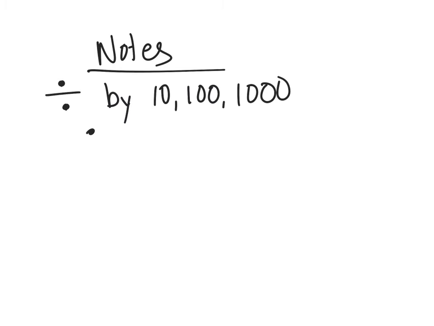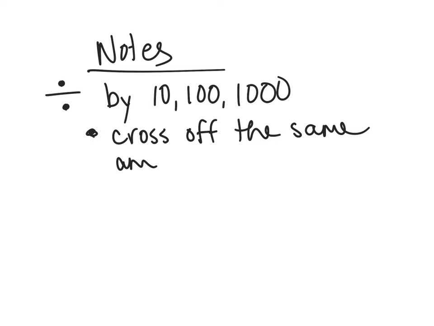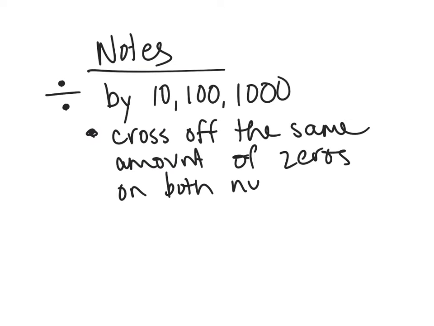And what you do, cross off the same amount of zeros on both numbers. So put this in your notes right now. When you come to school to English on Monday or Tuesday, I'm going to be making sure that you have this in your notes, so do so right now.